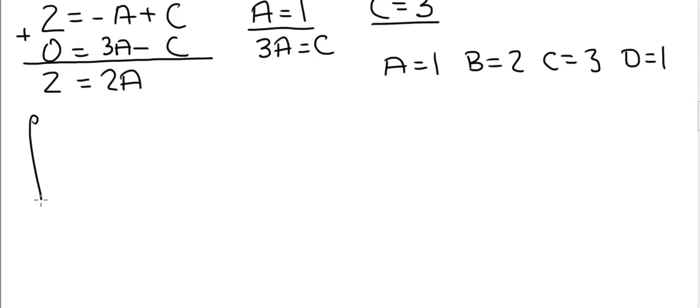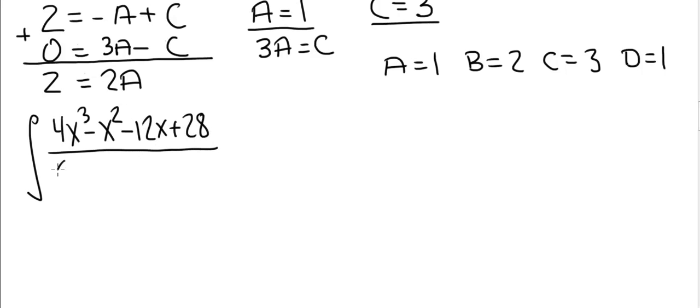Let's return to our integral. The integral was 4x cubed minus x squared minus 12x plus 28 divided by x minus 2 squared times x plus 2 squared.